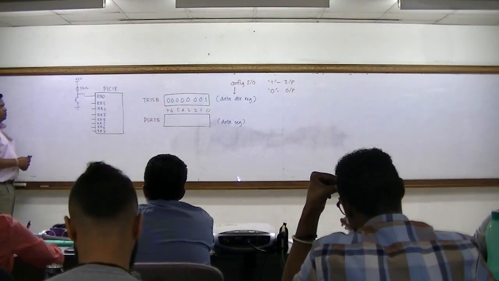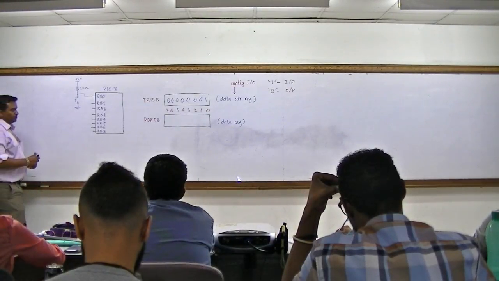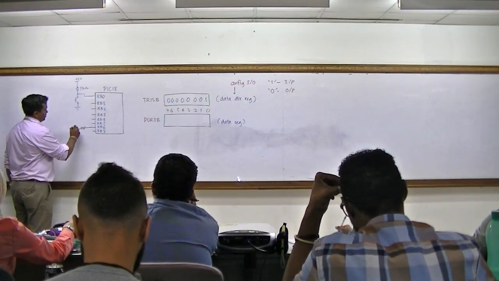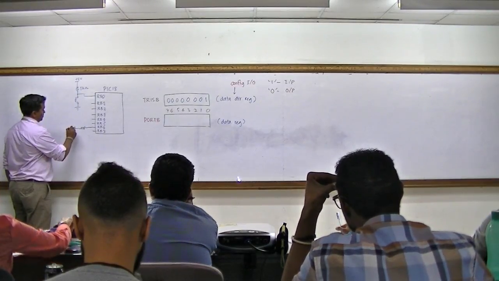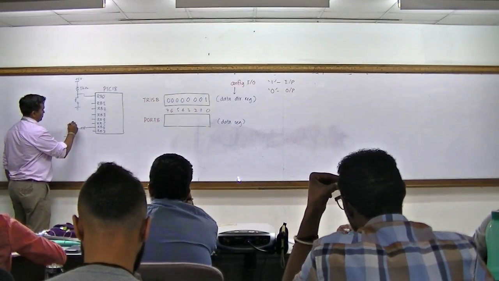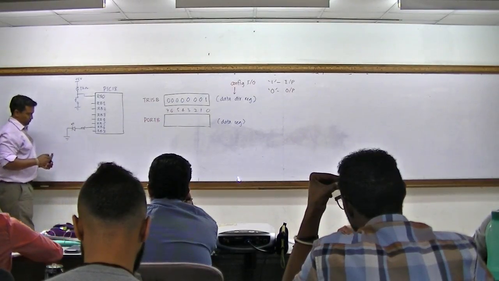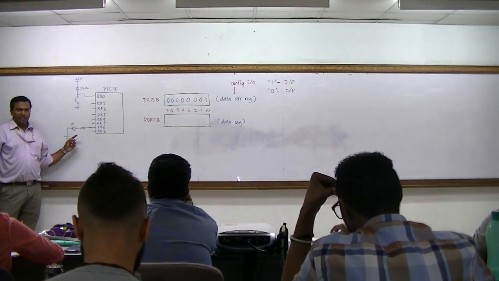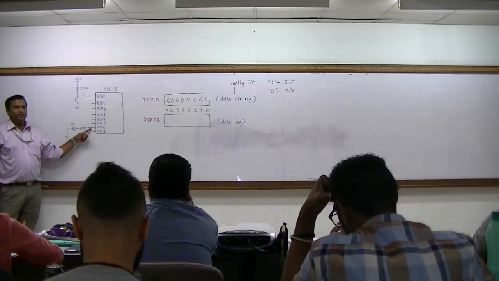Let's say now we want to connect an output, an LED. In order for me to turn on this LED, what is the logic that I should supply here?